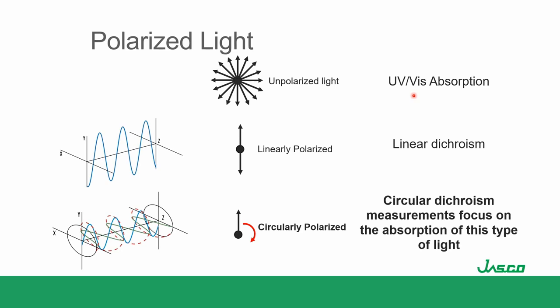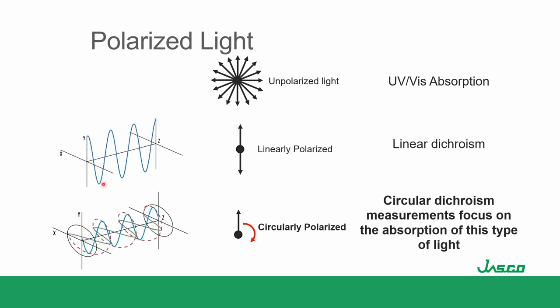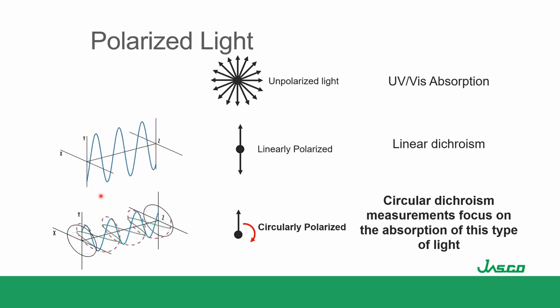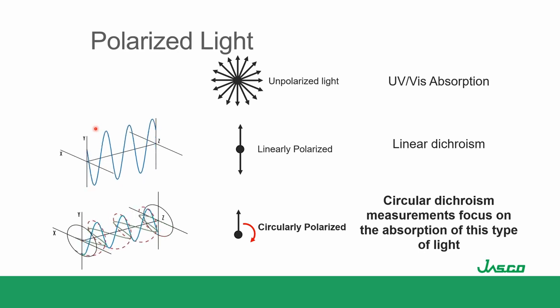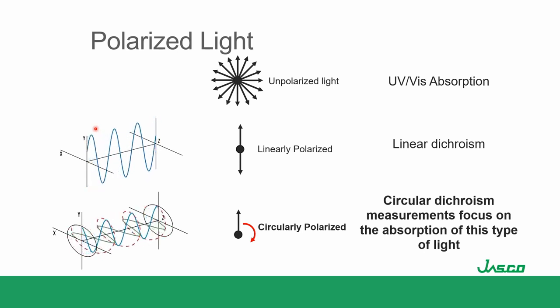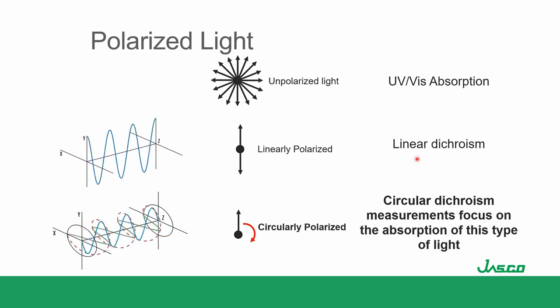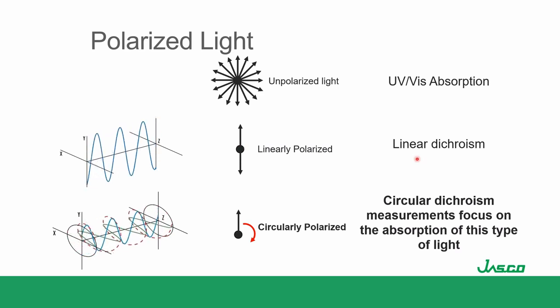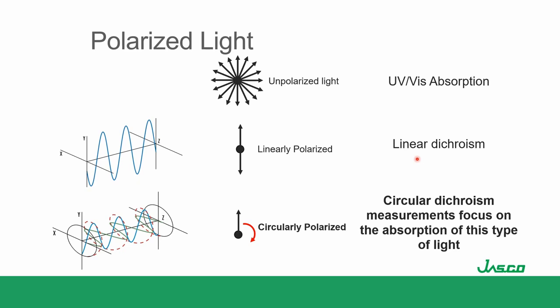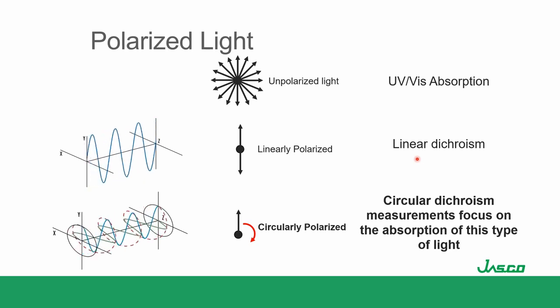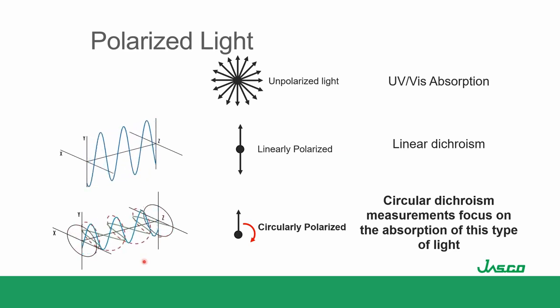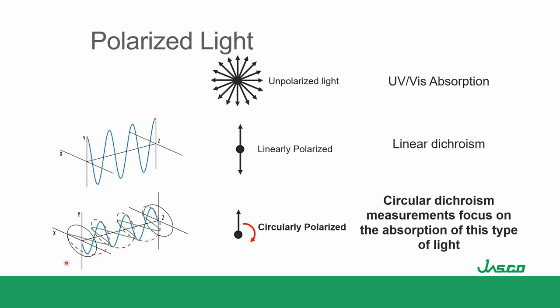We only really are interested in how much is being absorbed. But we can start to polarize light. So with linear polarization, the electric field vector is oscillating in the y direction. This can be used to study linear dichroism, which is a fairly niche method. But circular dichroism, instead of looking at this linear polarization, is going to look at this circular polarization here.